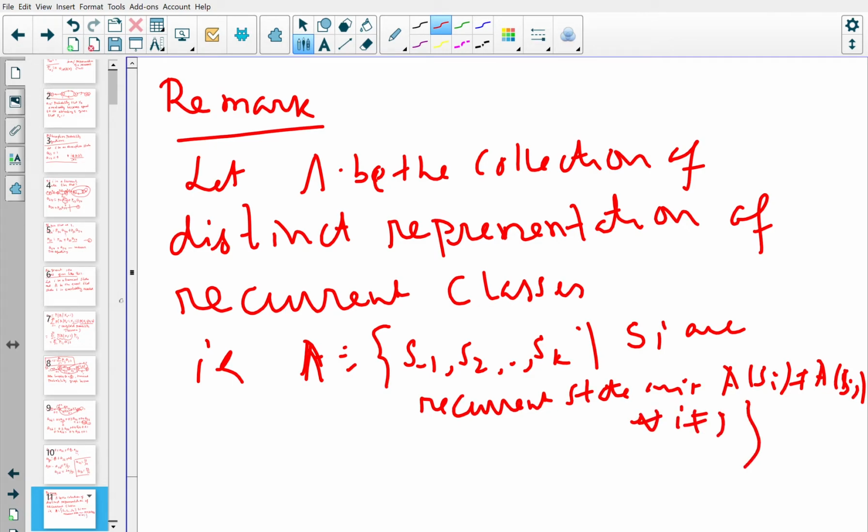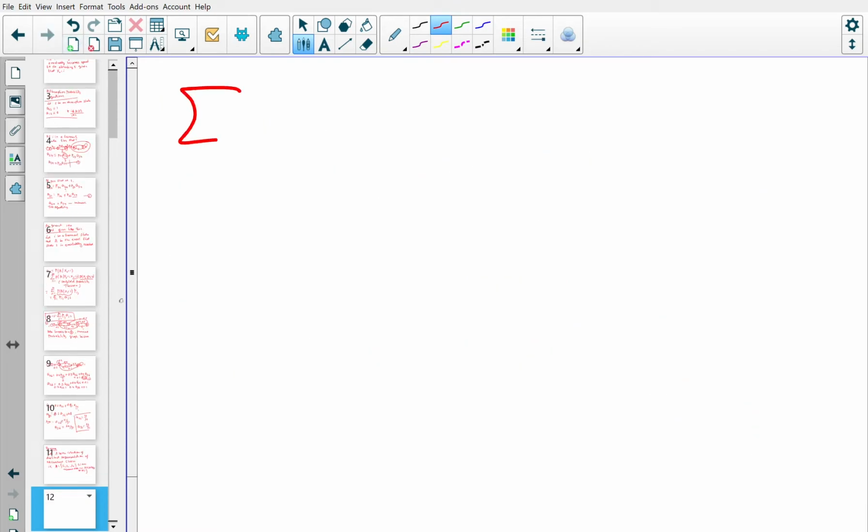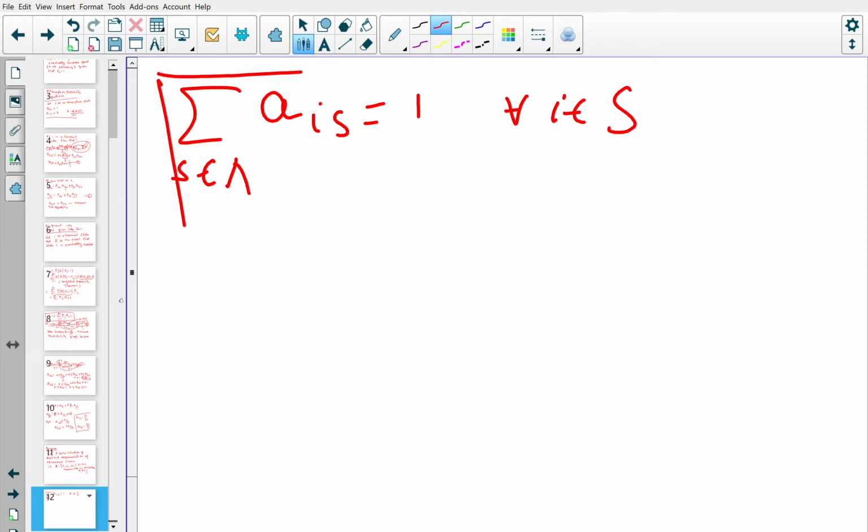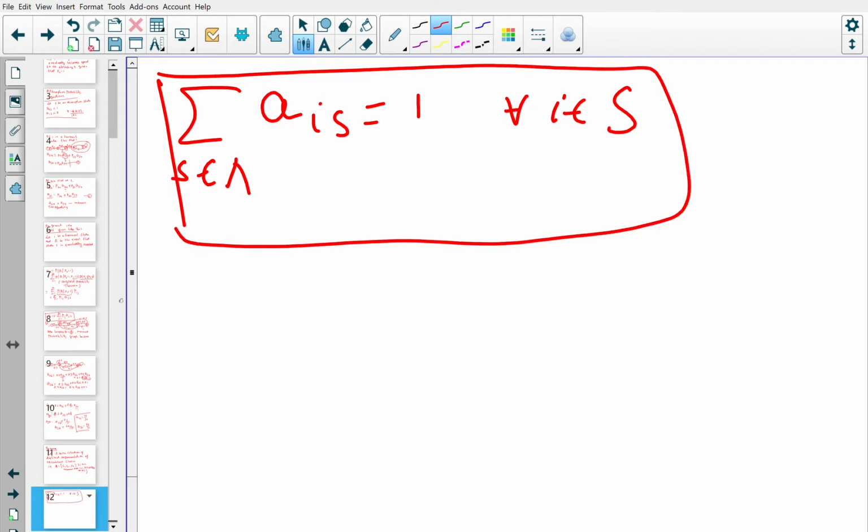So they are distinct representatives. Then if you sum over all those s belonging to lambda, it doesn't matter where you start, the sum over s will always be 1 for all i inside the state space. Clear? And this is also an important formula to calculate our probabilities.